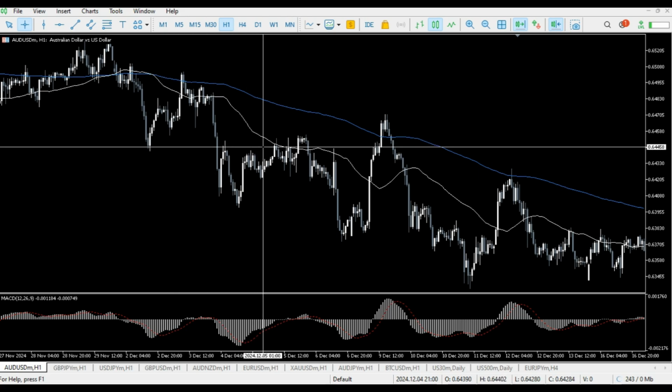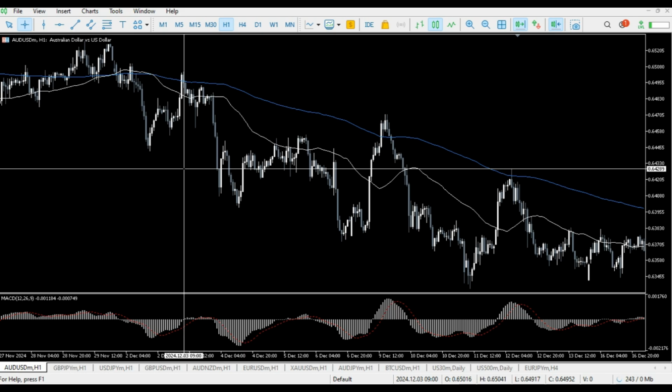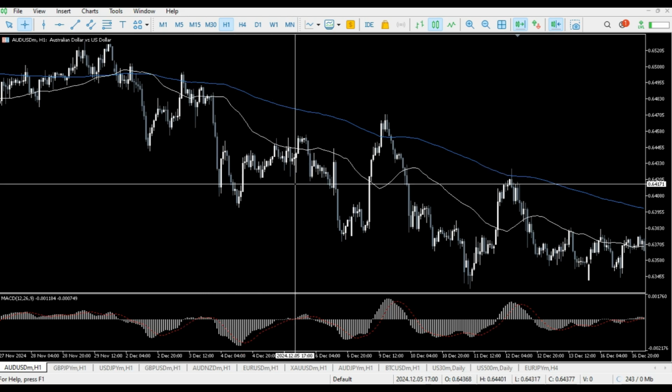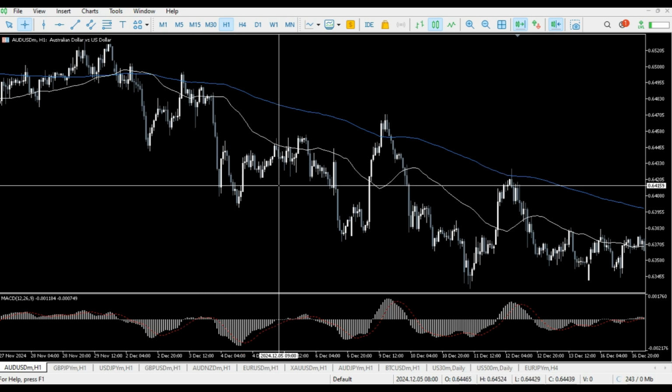On the H1 time frame, the MACD gives us a continuation, whereas the moving average gives us the strength in the trend, the strength in the volume, and the volatility of the currency pair. Here we put all this together to make sure we look for a continuation in a trend.